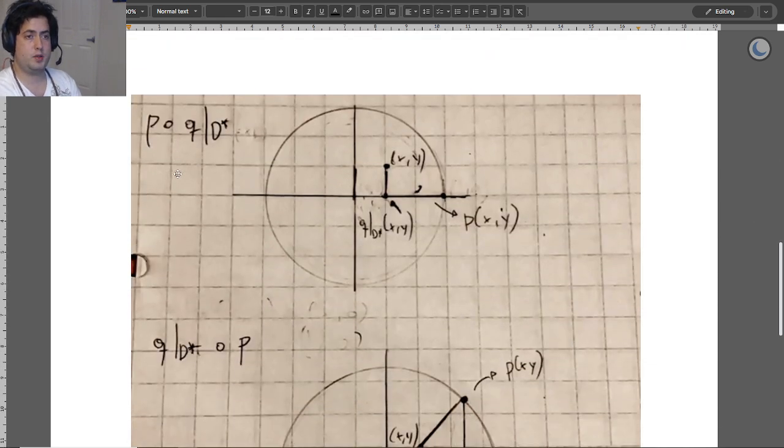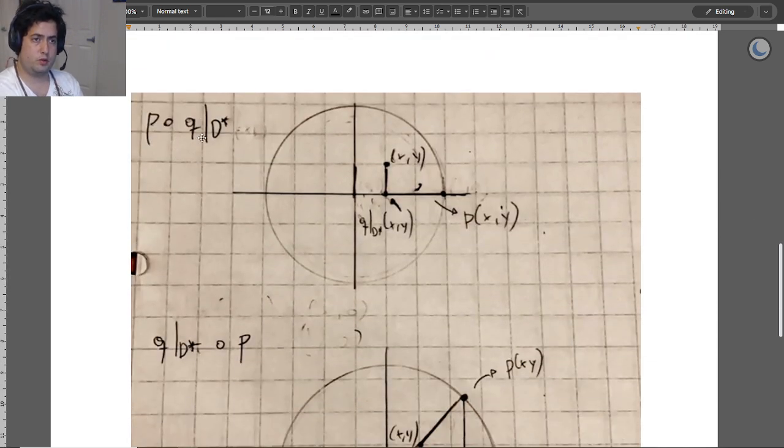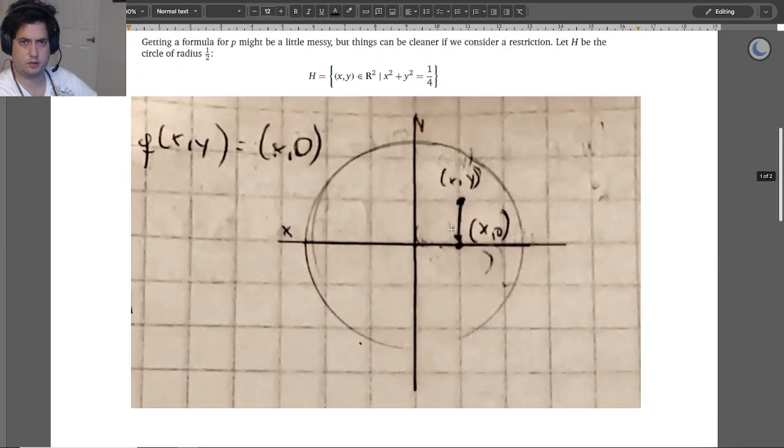So here we have P composed with Q restricted to D star. Since the definition of composition is to start with the second function, first we'll be throwing the point onto the y-axis, so the y will become x, 0, and then we'll be projecting the value onto the closest value on the unit circle.